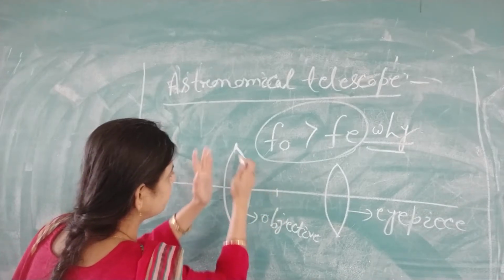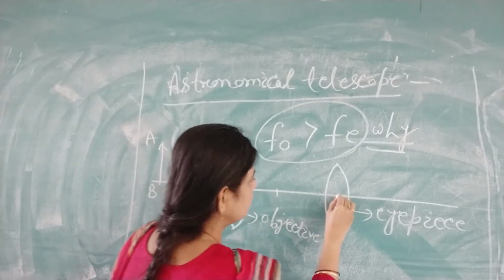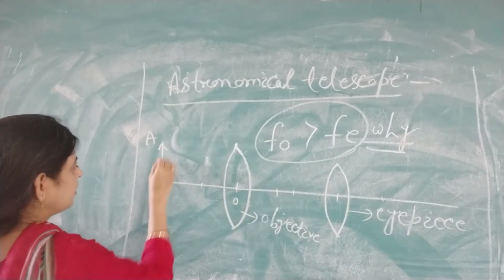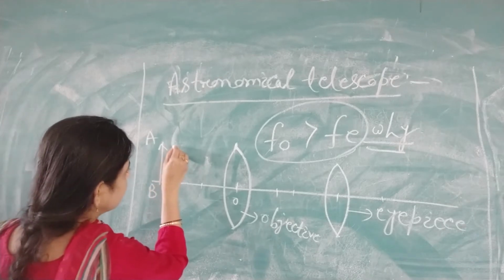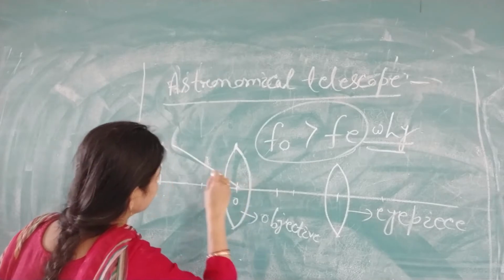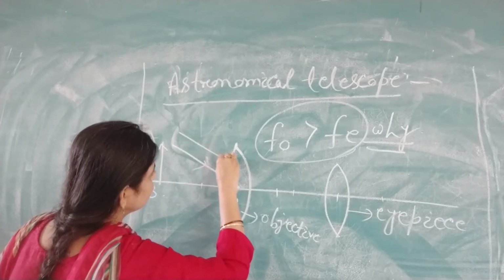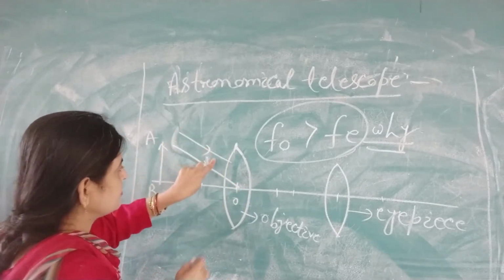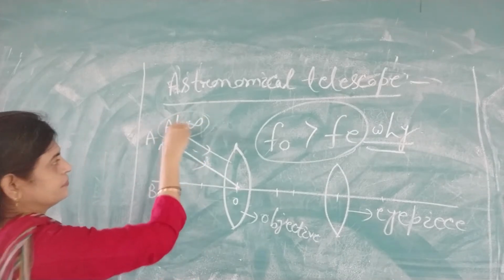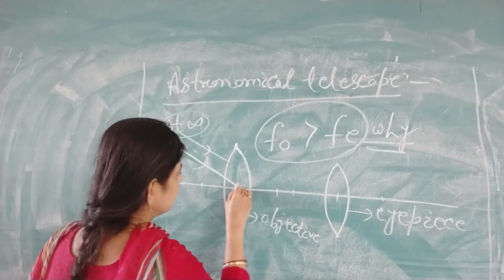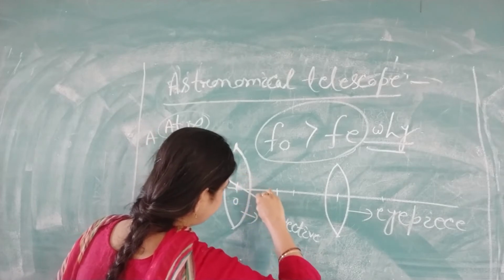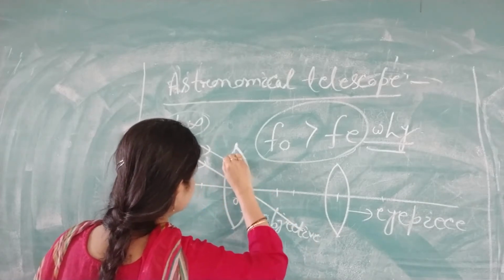These are the focus for the objective and the focus for the eyepiece. Now, AB is the object, so incident rays are coming parallel. Suppose these are two incident rays at infinity. Then they will refract like this.